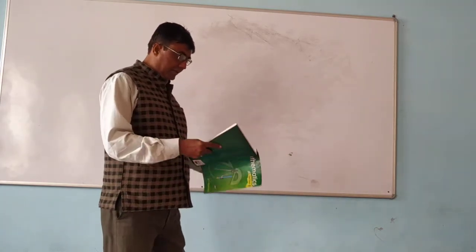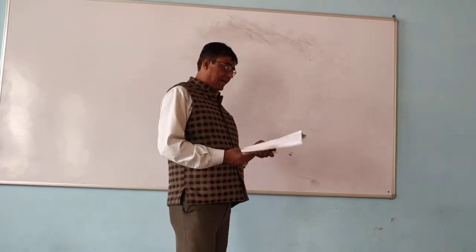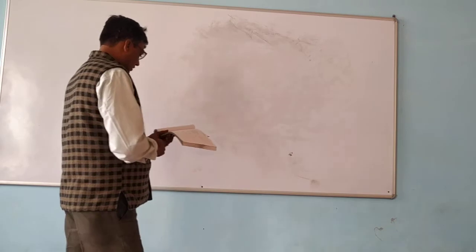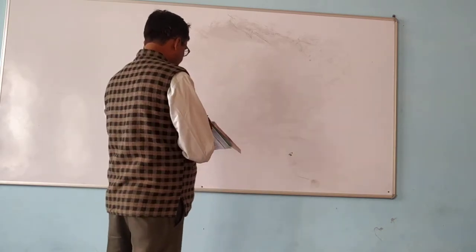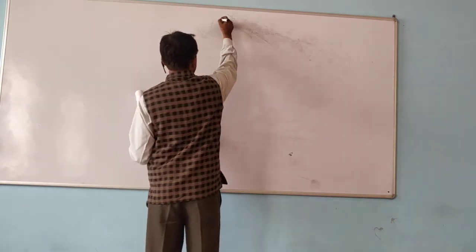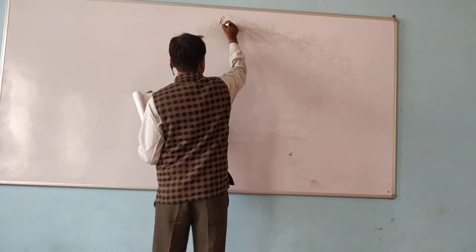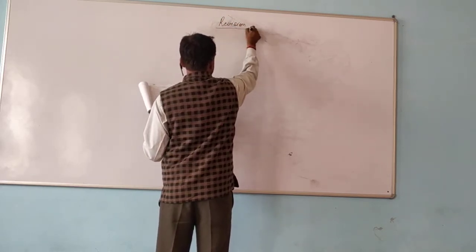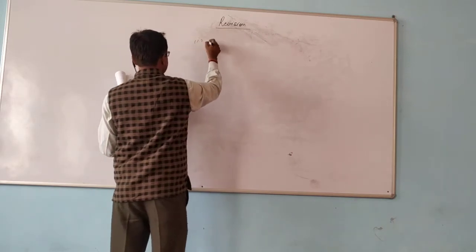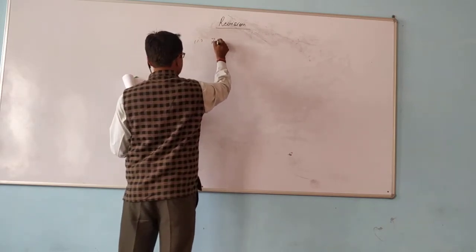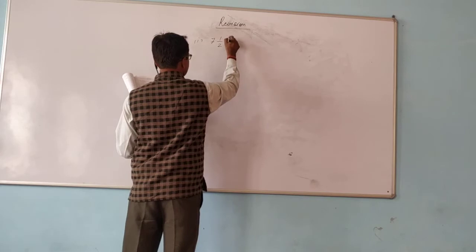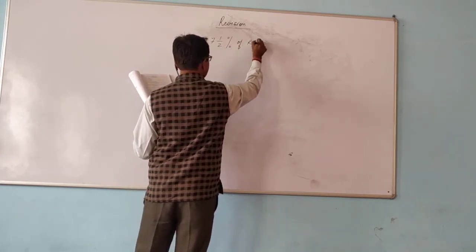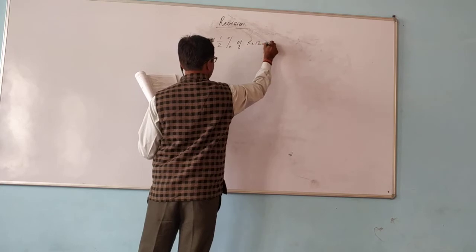Suppose the fill in the blanks in test paper 9 is given as, the first part, that is our revision portion. We are just revising. So the first one is 7.5% of rupees 1200 is equals to.